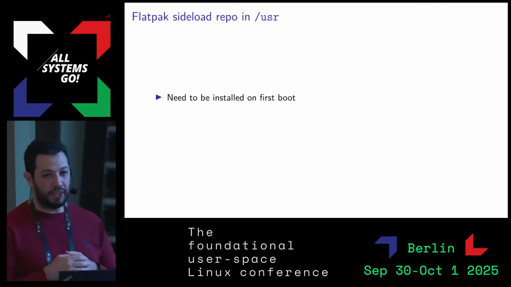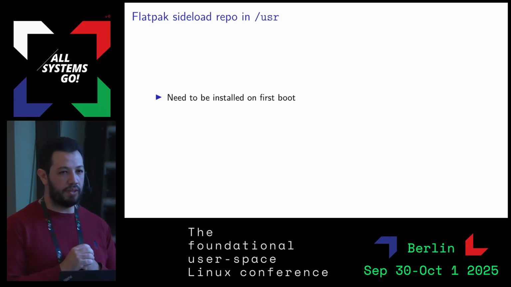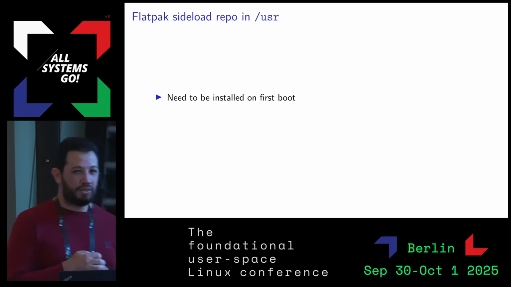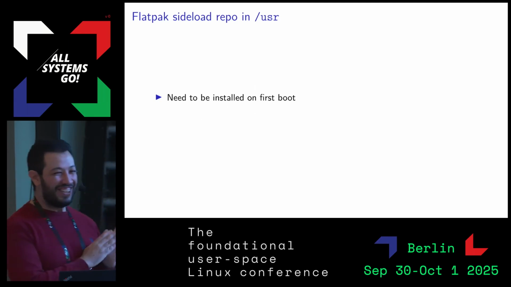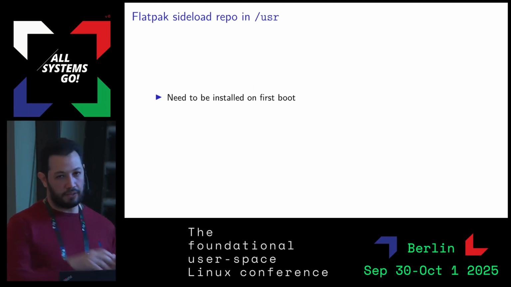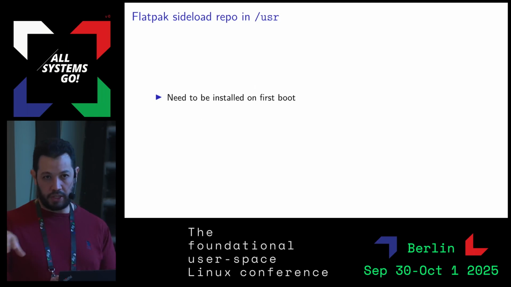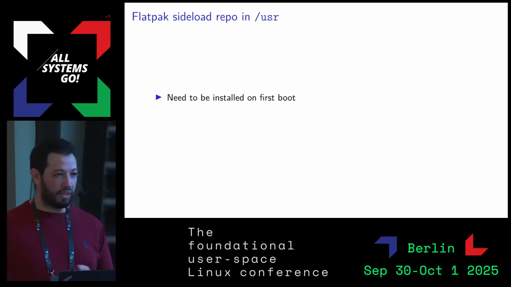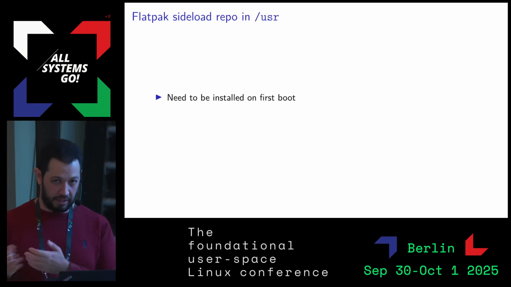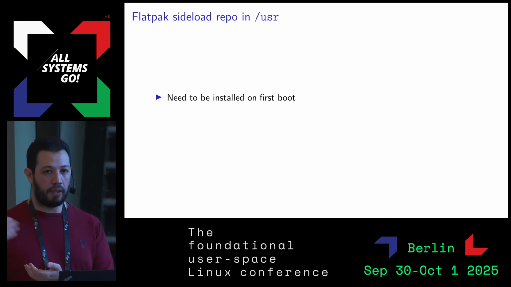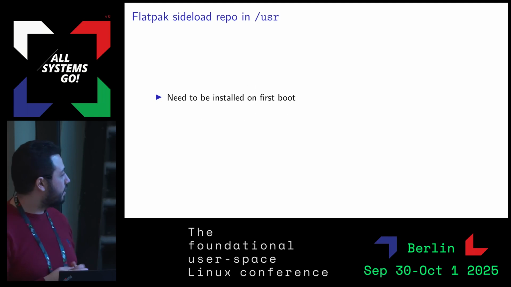Yeah, you could. Do you know about the sideload repos in Flatpak? So no. So it's a way to have Flatpaks be able to copy them onto a USB disk and then go and install them on a system that doesn't have an internet connection. So that was the original intent for these sideload repos.